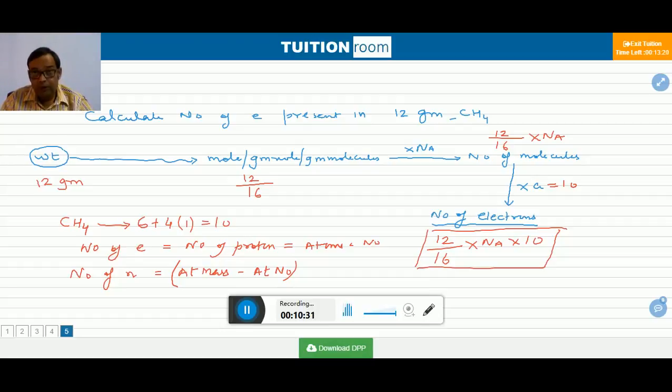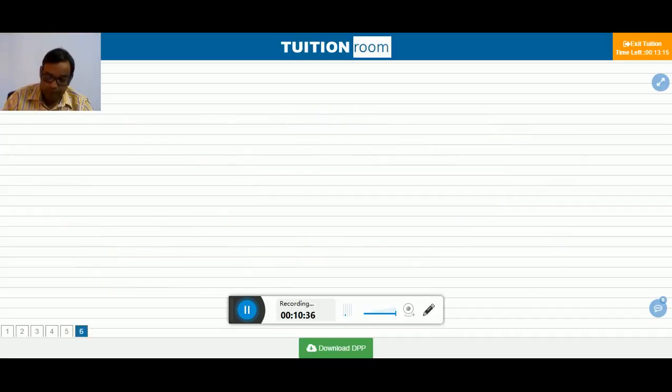So we have calculated this question. Now see the next one. In the next question, 10 gram C3H8 is given.